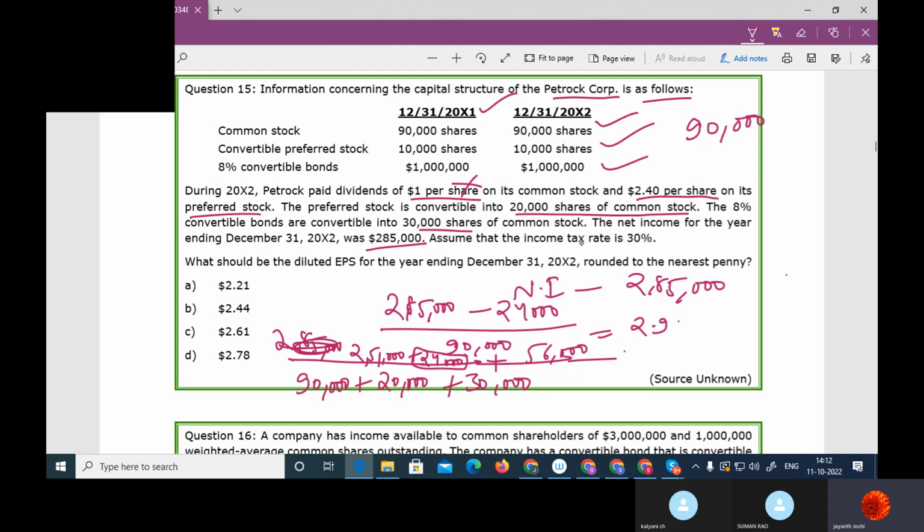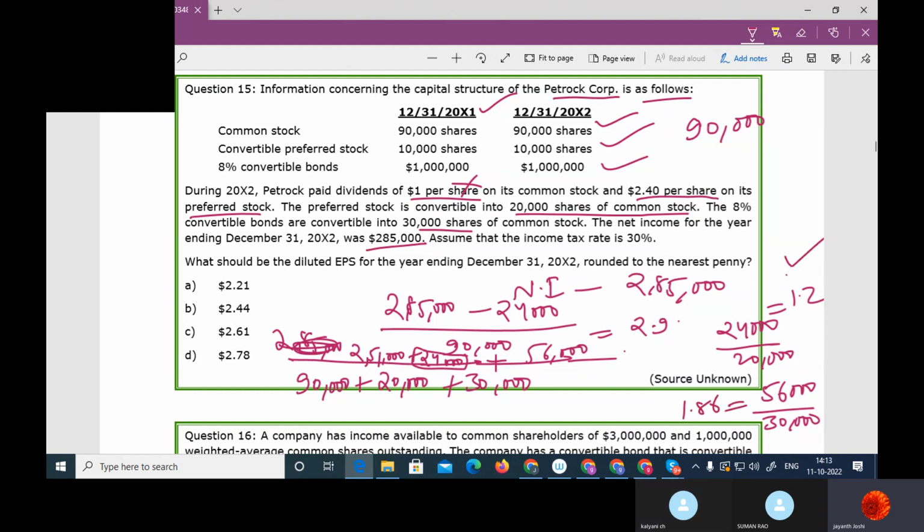So first we will see the numerator effect. 24,000 divided by 20,000 preferred stock, and here 56,000 divided by 30,000 shares. So 24 by 20 is 1.2. 56 by 30 is 1.86.